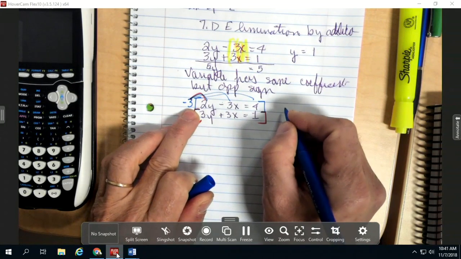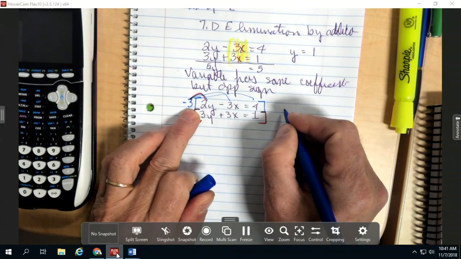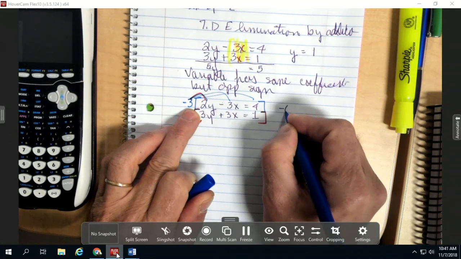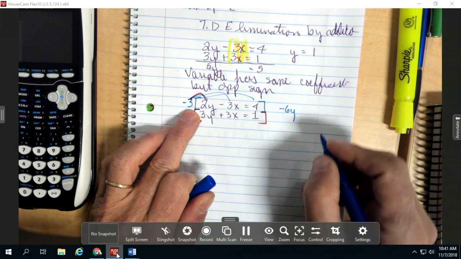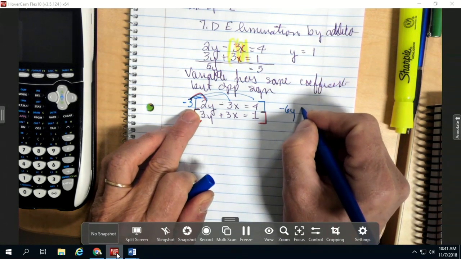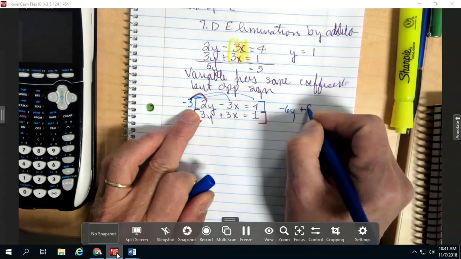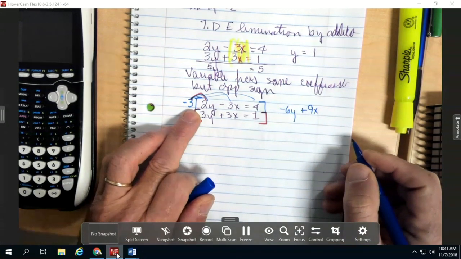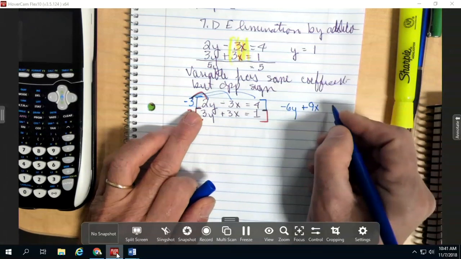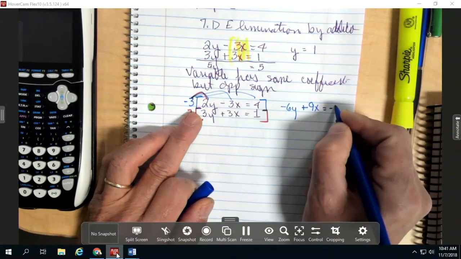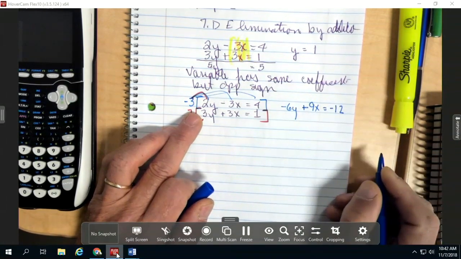So you get negative 6y plus 9x. You see why it's plus 9? Because you got negative 3 times negative 3. Negative 12.